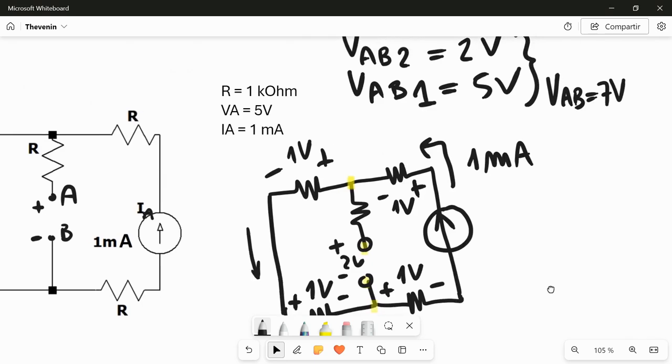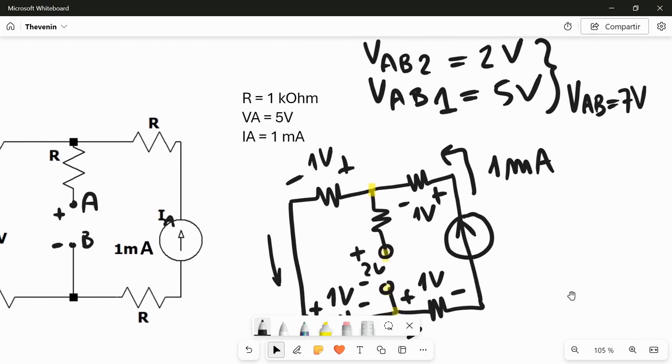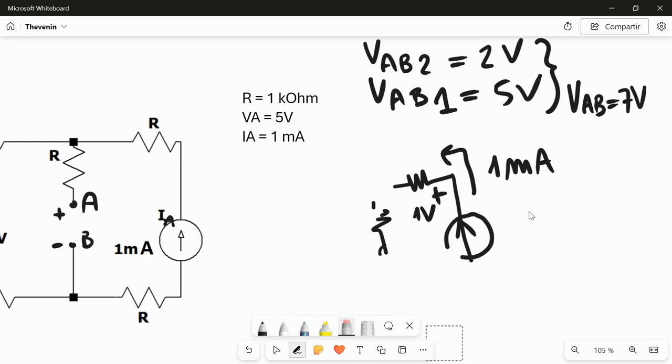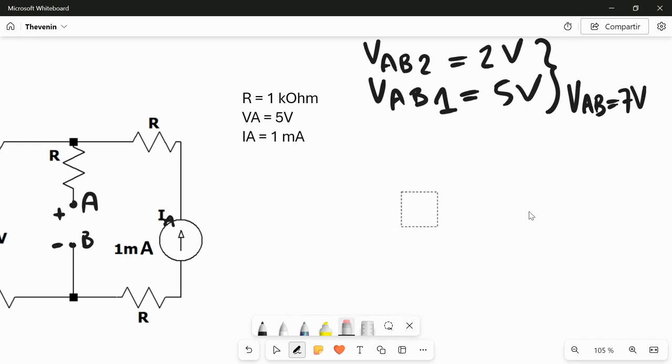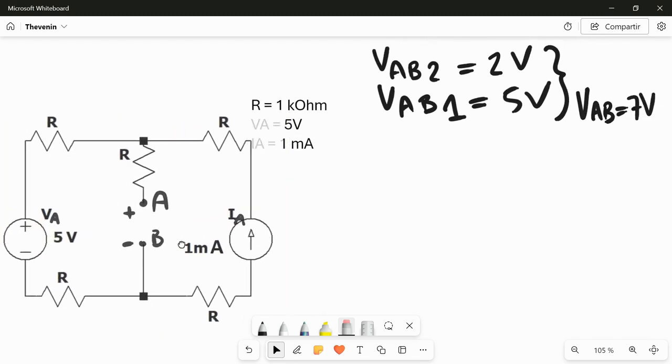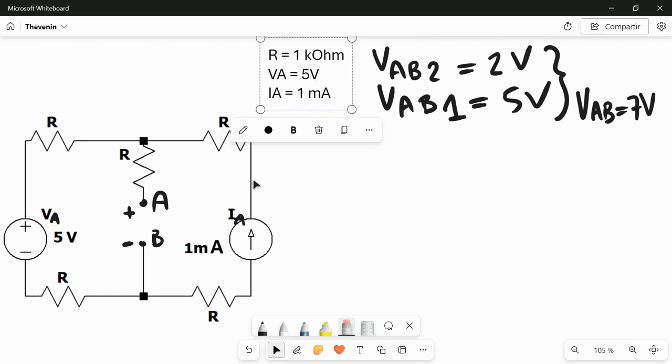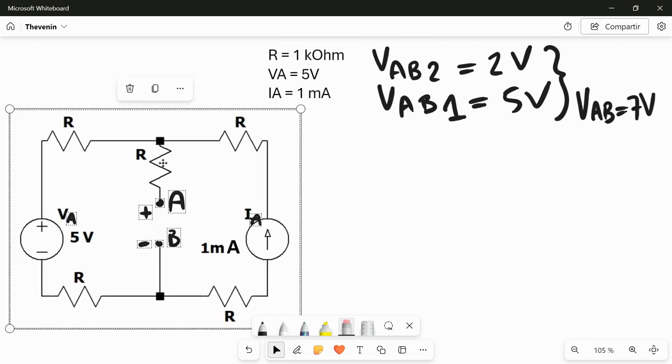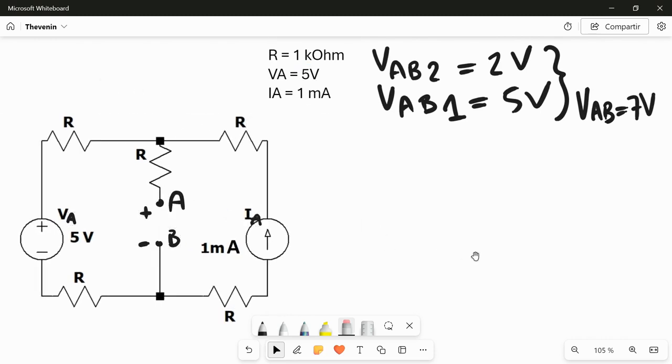Now the only thing left to calculate is the equivalent resistance. For doing so, I will delete this circuit and think about what is the resistance that I see from A to B. For that, I have to change my current source with an open circuit and my voltage source with a short circuit.